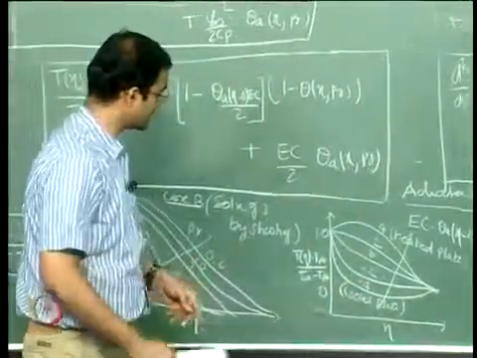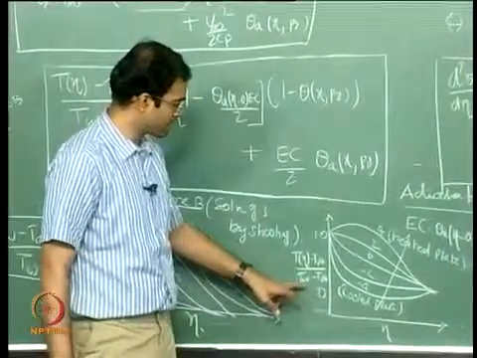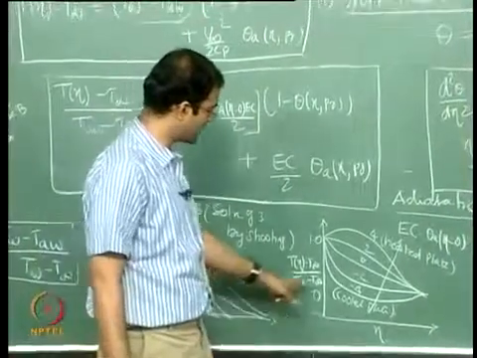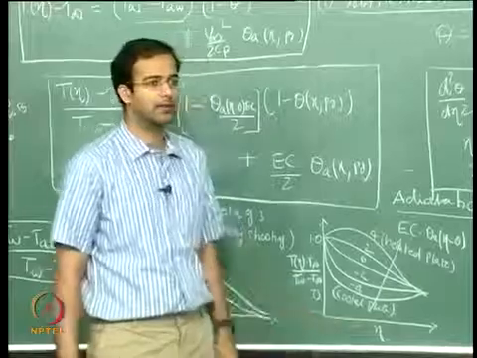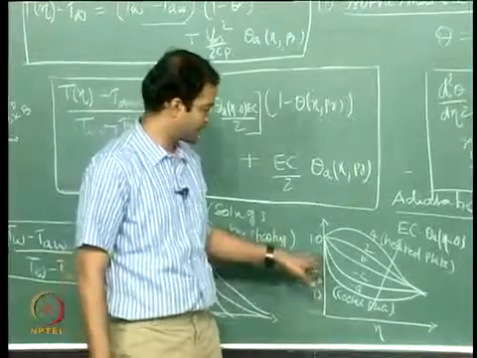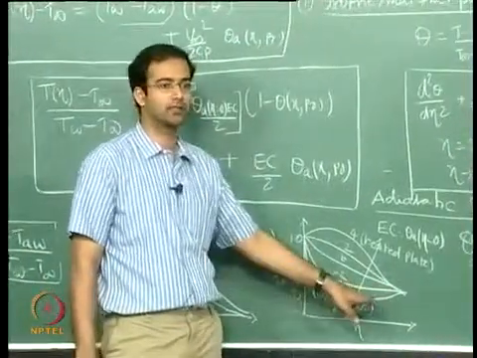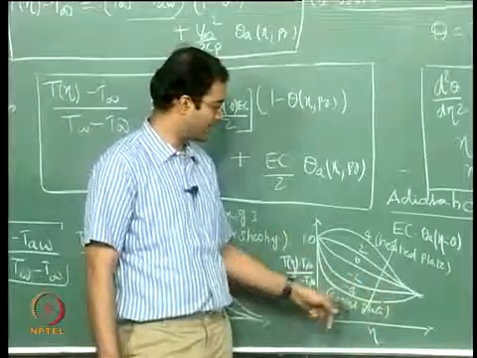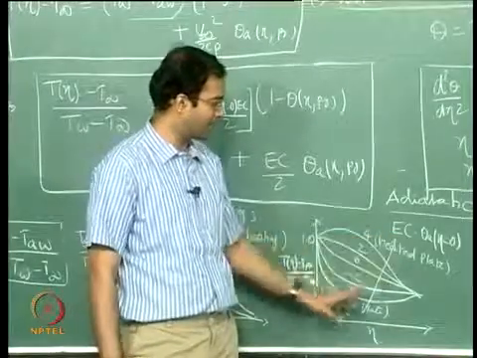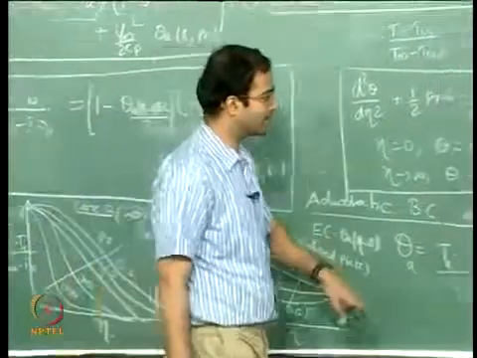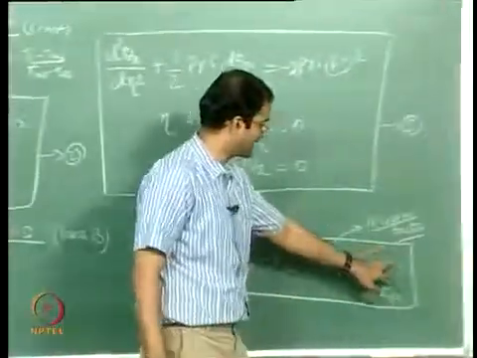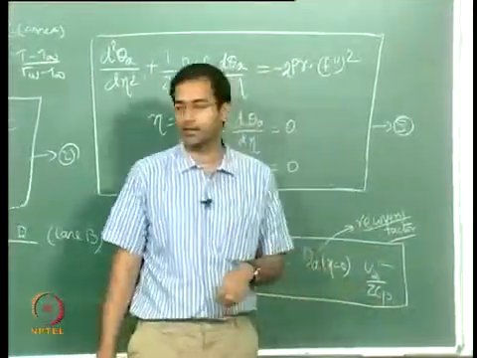Okay, so in the case of heated plate, your wall temperature is greater than your T infinity. In the case of cool plate, wall temperature is less than T infinity, so you can get negative values of this when you plot it, and these are for different values of Eckert number into theta A at eta equal to 0. So you can write this as something like Eckert number into theta A at eta equal to 0.